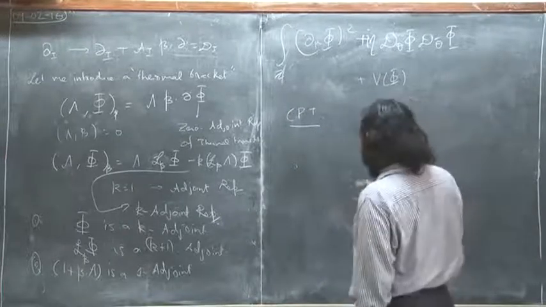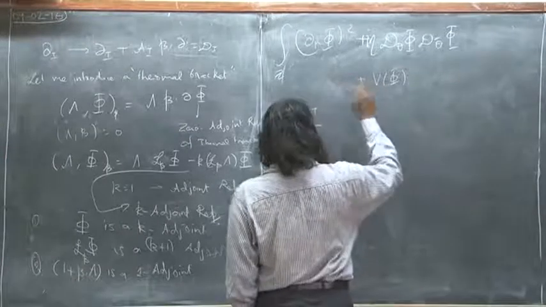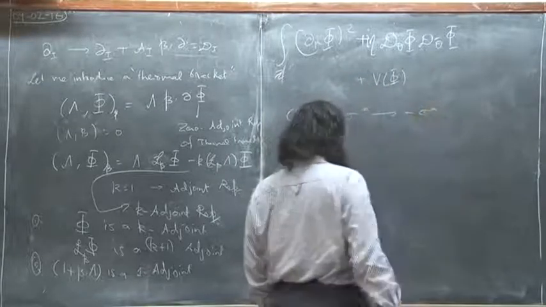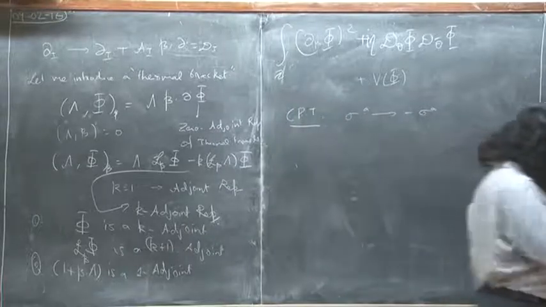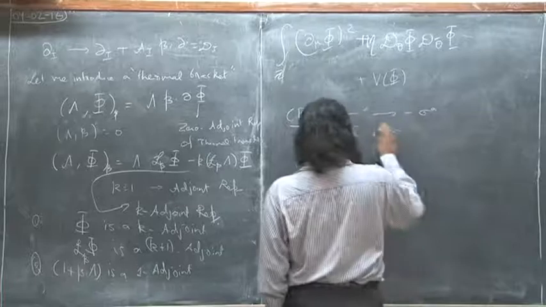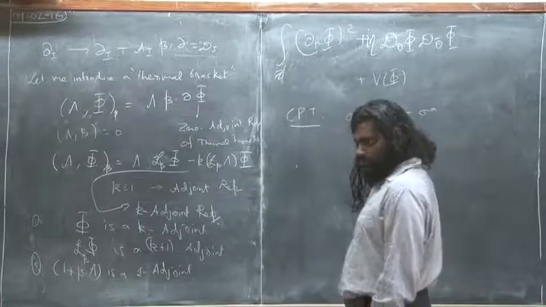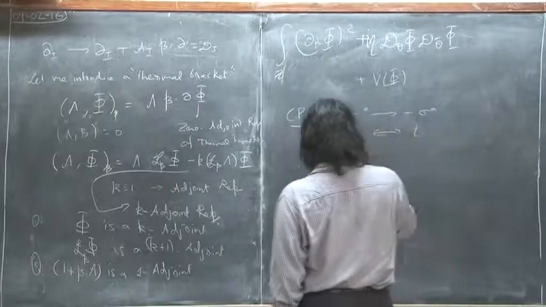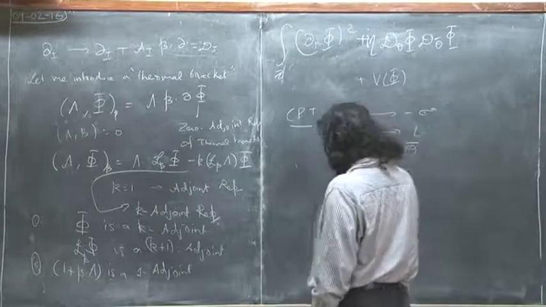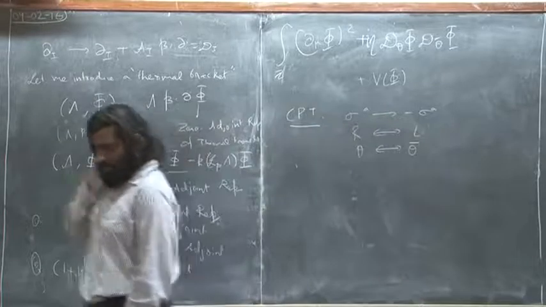Okay. So the CPT acts in the usual way on the fields. And in the Schwinger-Keldysh, it also acts by exchanging right and left. You can think about it, but this means that you should end up exchanging theta bar also.